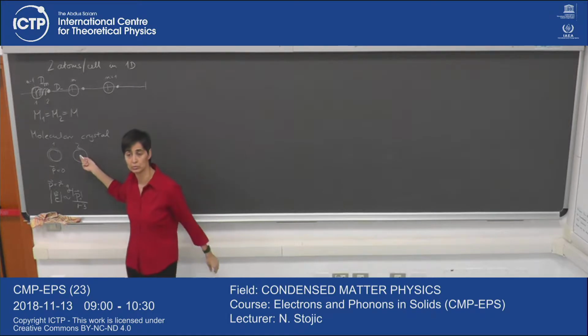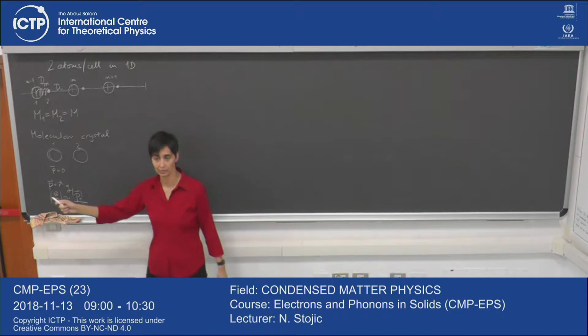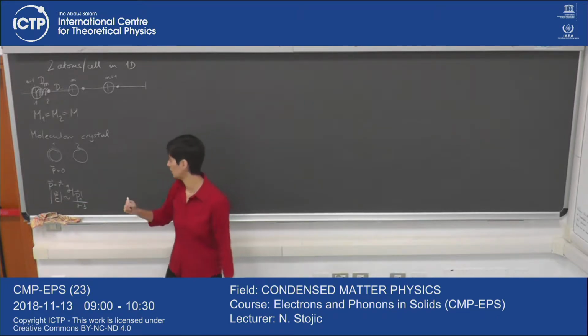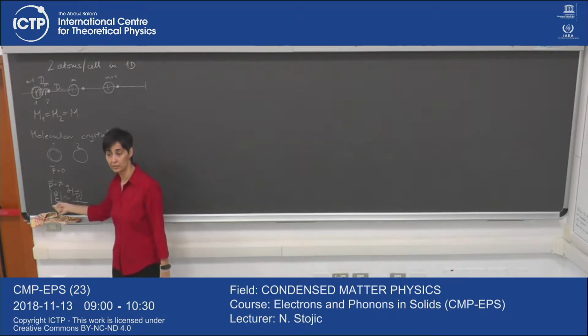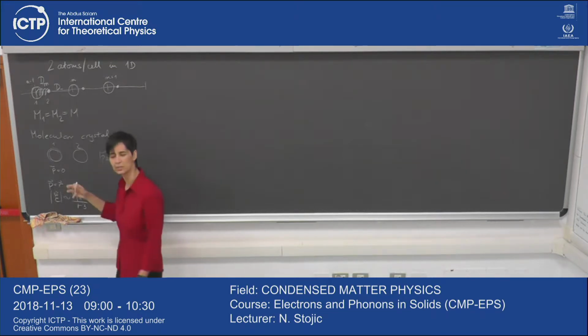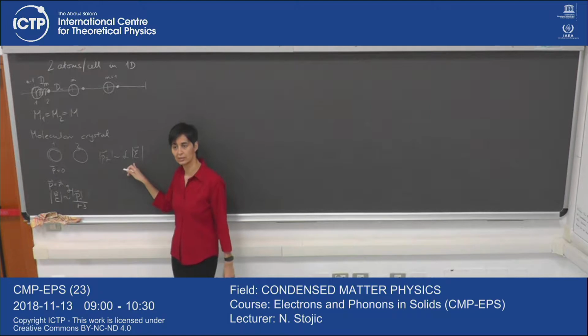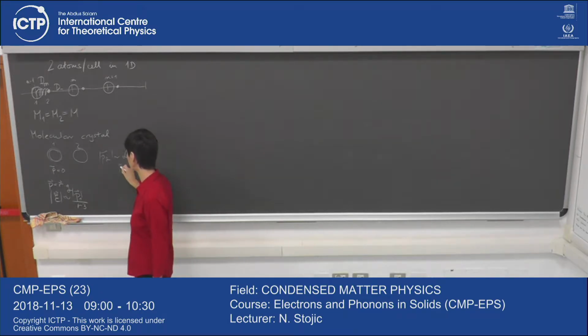The atom 2 feels this field. It's a tiny field and oscillating in time. However, it's enough to induce a dipole in atom 2. So the dipole, I'm just putting the absolute values, will have an induced dipole proportional to the electric field with a constant called polarizability.